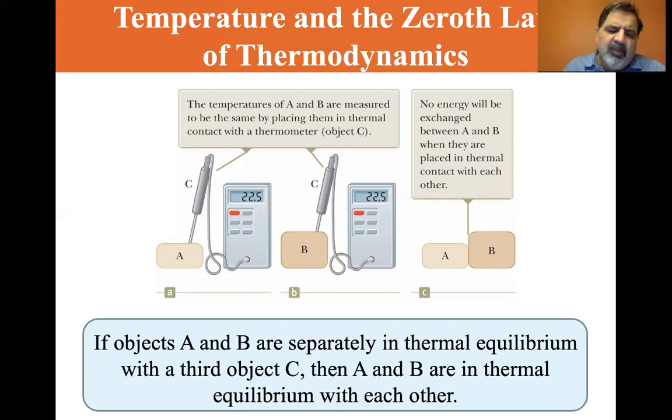Why is this necessary? Well, our senses don't necessarily provide a good measure of temperature. You can be on what would seem like a normally comfortable temperature during the summer.